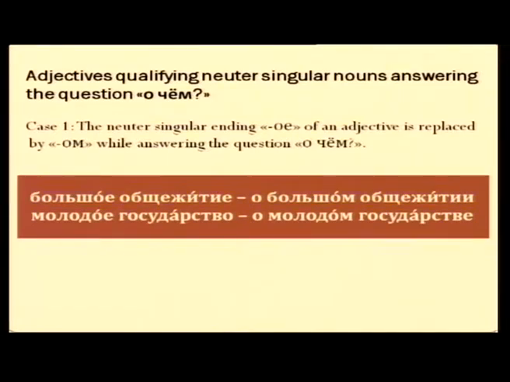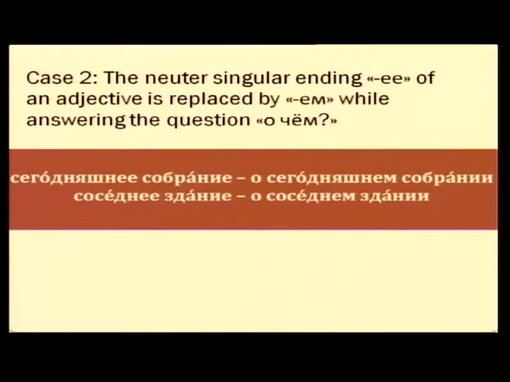О чем он рассказывает? Он рассказывает о молодом государстве. So, these two examples, большое общежитие and молодое государство, have been changed into о большом общежитии and о молодом государстве.